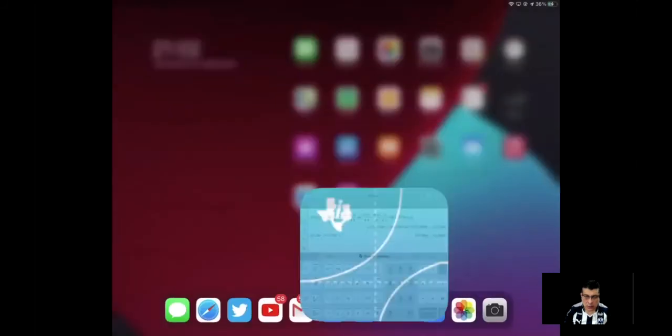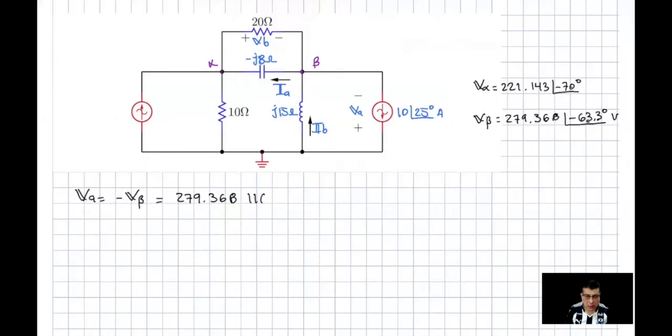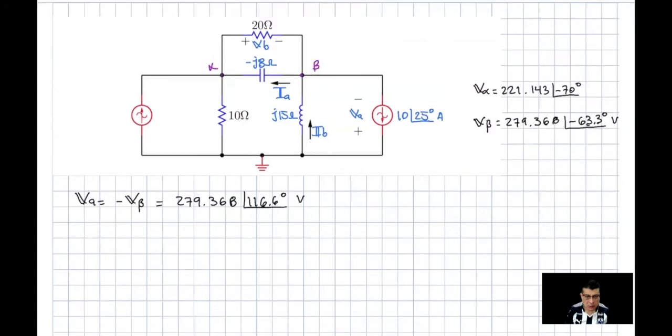So the angle is going to be 116.6 degrees volts.